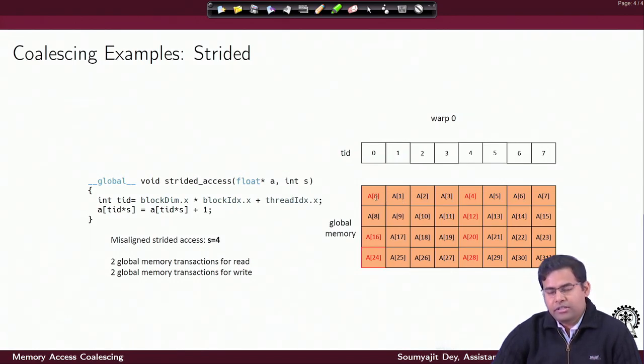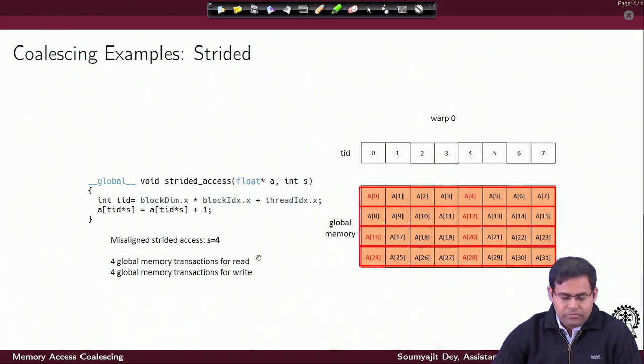So, you are essentially accessing A0, A4, A8, A12, A16 like this up to A28. Since the accesses are again aligned with that restriction of warp width times 4 number of bytes, that is this much is your access alignment. So, for covering this entire segment of the global memory, you would need how many? You would need 4 global memory transactions for the read and 4 global memory transactions for the write.